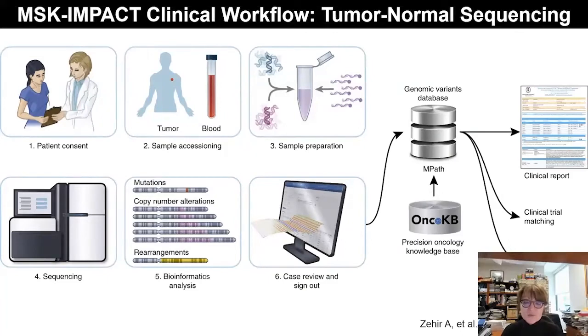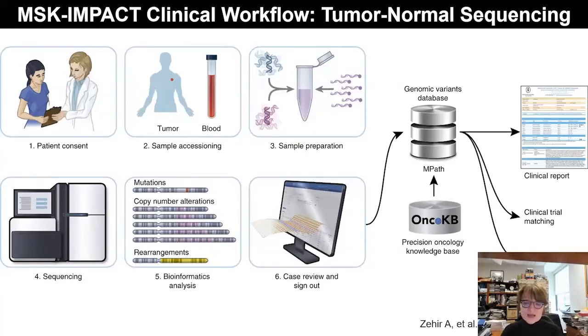The DNA is pooled, and we use hybridization-based capture together with biotinylated probes for the sample preparation. The next step is to have the sample run through the sequencer. And once the sequencing is done, it runs through certain bioinformatic pipelines.